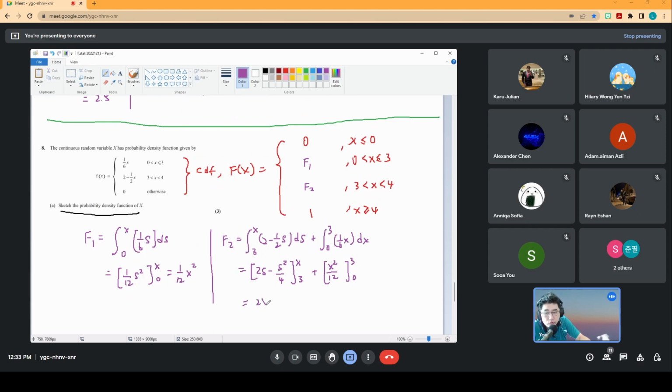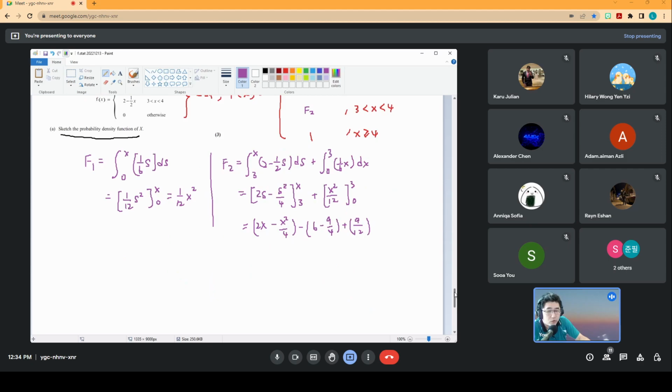Okay, I have 2x minus x squared over 4, minus (6 minus 9 over 4), plus 9 over 12. So all I need to do is just simplify the value. Negative 1 over 4 x squared plus 2x. Then simplify the numbers, 6 minus 9 over 4, minus the answer, plus 9 over 12. I have negative 3.